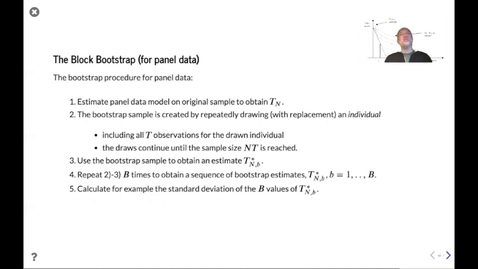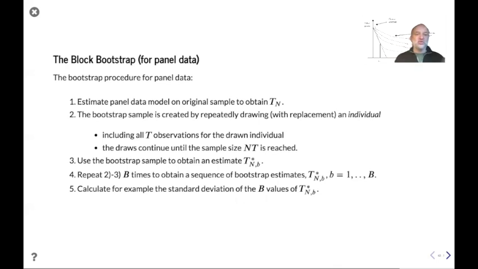So what you do is you sample individuals, you sample the cross-sectional units. And so actually the principle is completely the same as before. It's just that you sample sequences of observations for each individual.